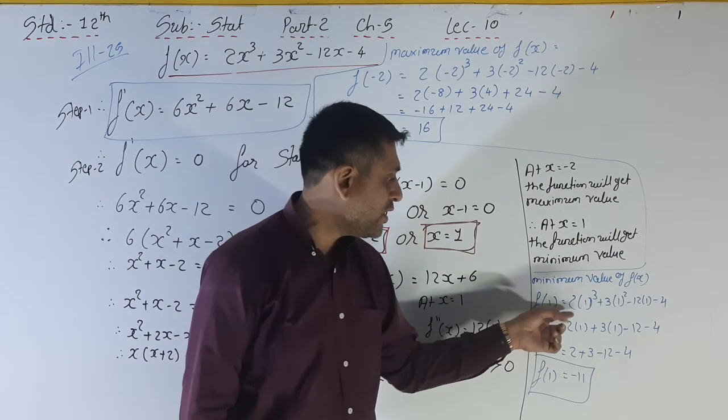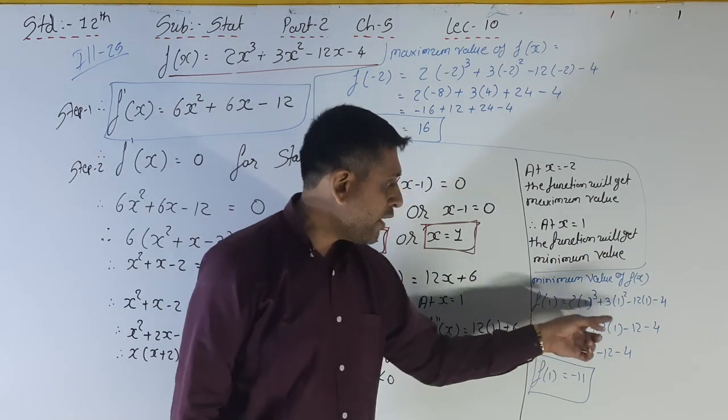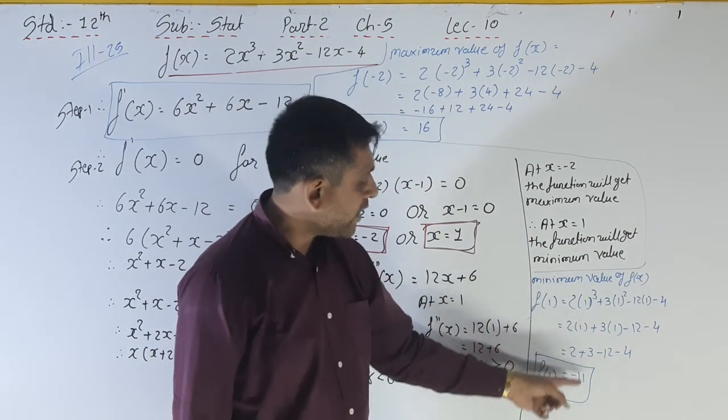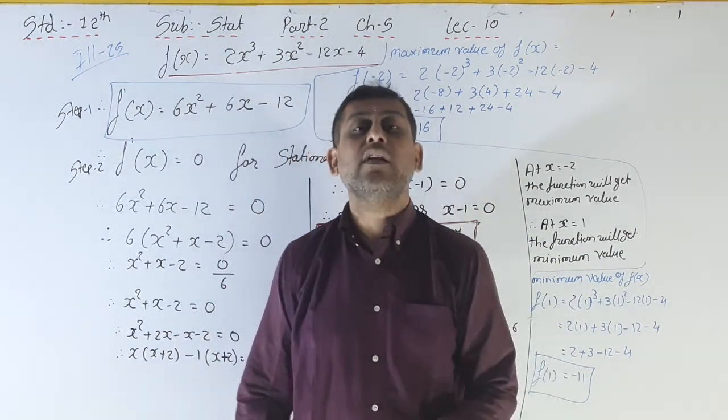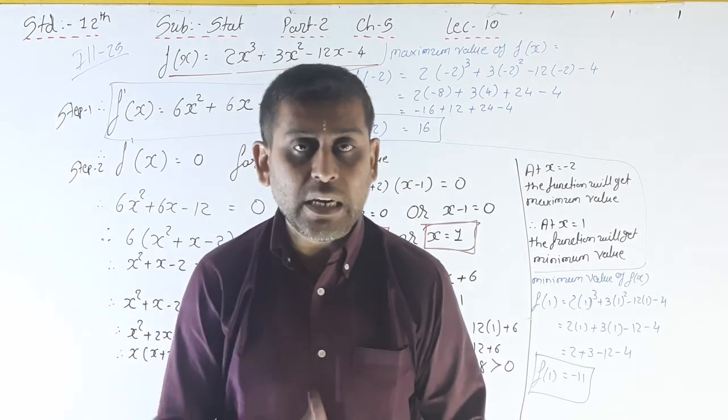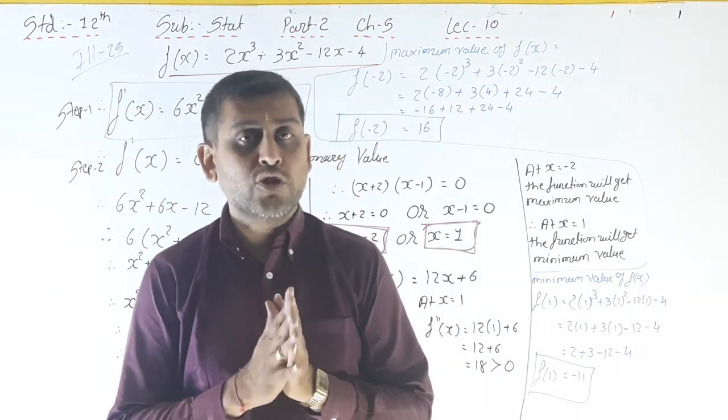That's why f(1): we put 1 into the original function, and the answer is -11, which is the minimum value of the function.